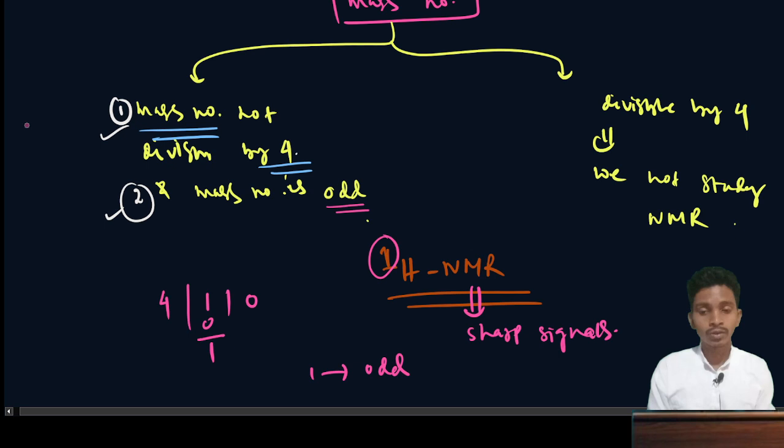Both conditions are satisfied here. This type of NMR is present in almost all chemistry labs, and it is the basic nuclear magnetic resonance used to characterize the structure of molecules.